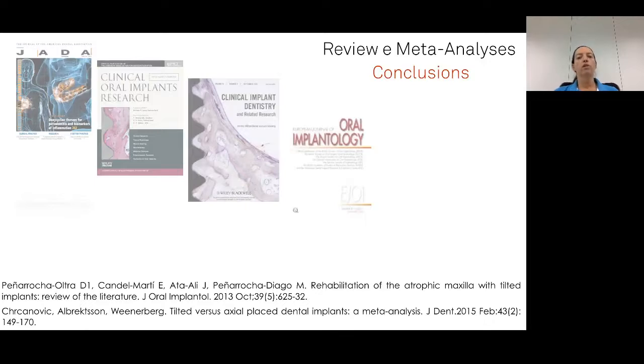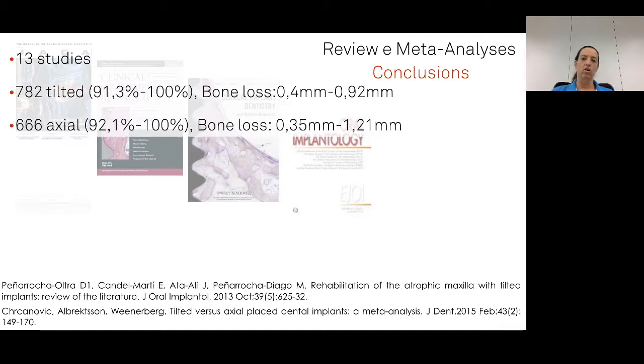When we go to the review of Peñarrocha and the meta-analysis from Krkonovic, the conclusions from both of these very important publications are very interesting.